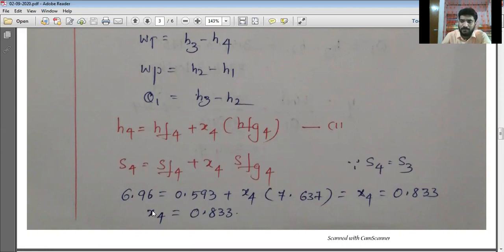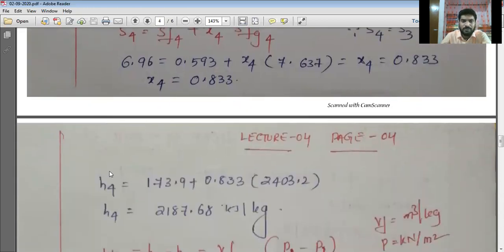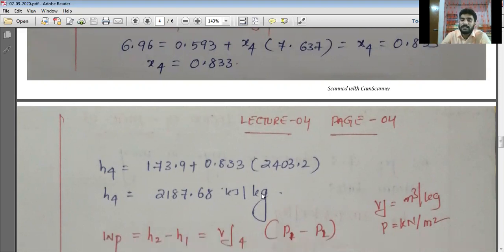Once you find the X4 value, this value is substituted in equation 1 to find H4. So you can find that H4 is around 2187.68 kilojoule per kg.